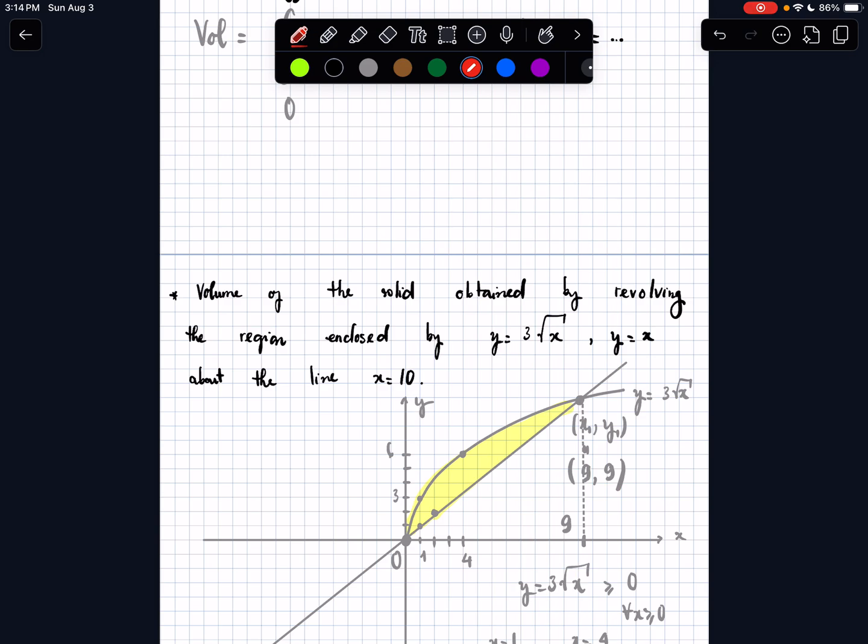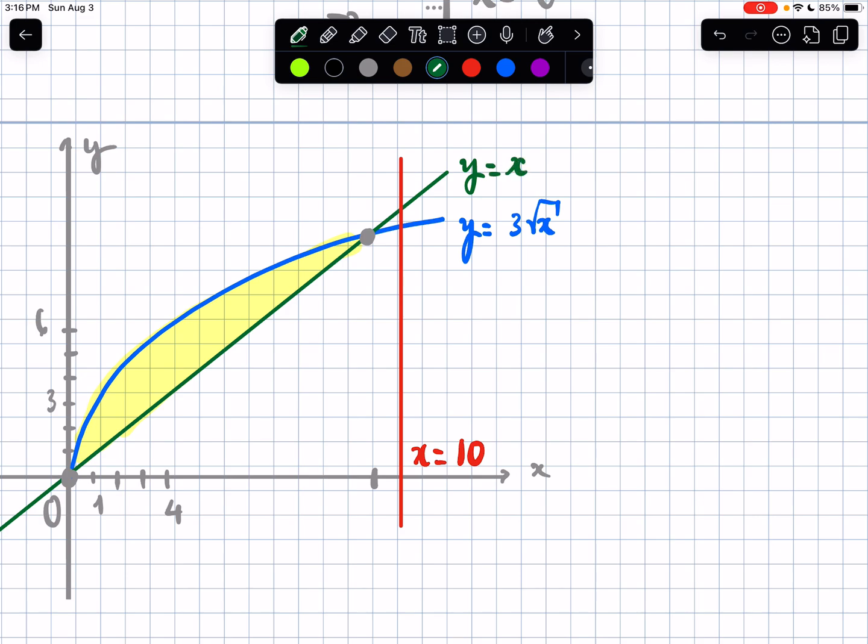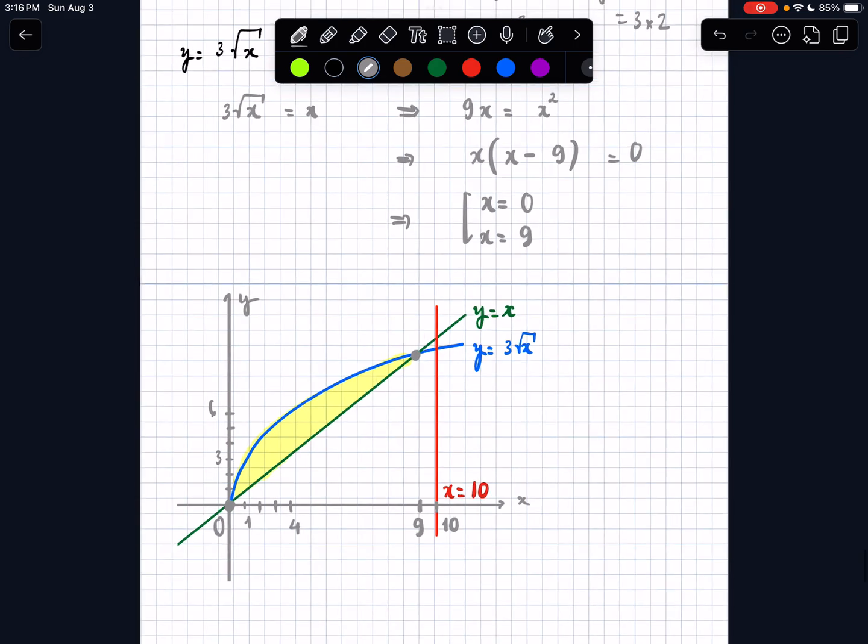Let's put it here. So our region looks like that.